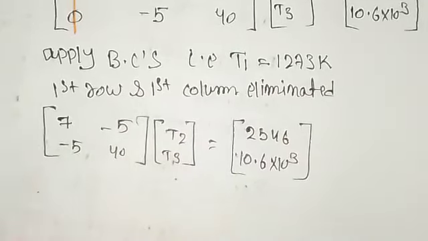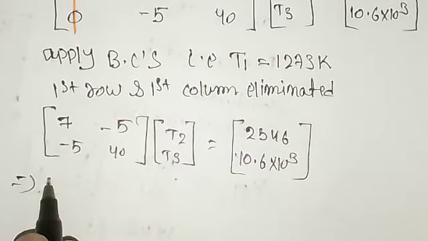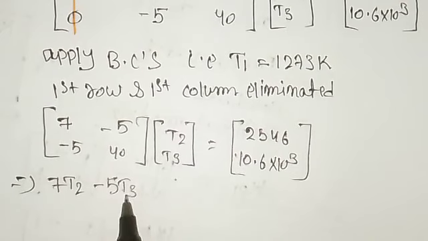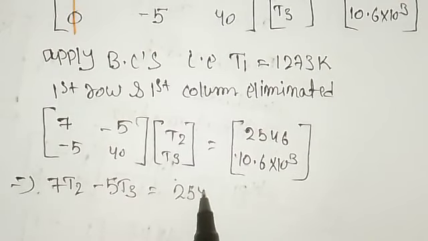So we have a 2 by 2 matrix. This will become 7 T2 minus 5 T3 is equal to 2546.